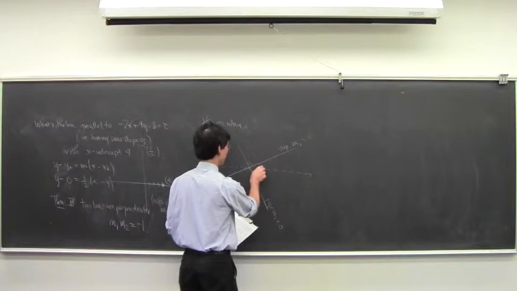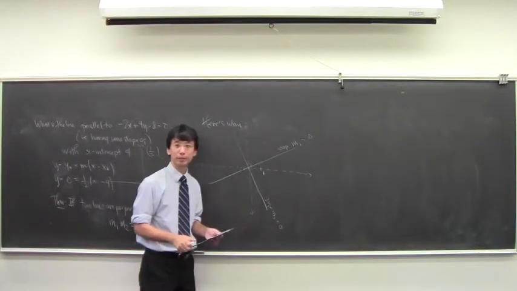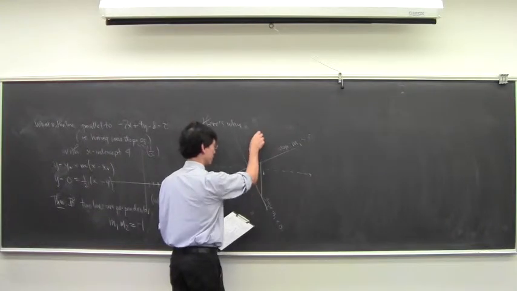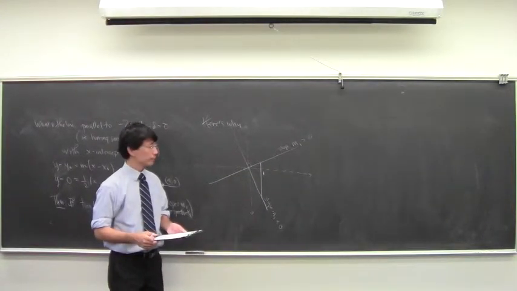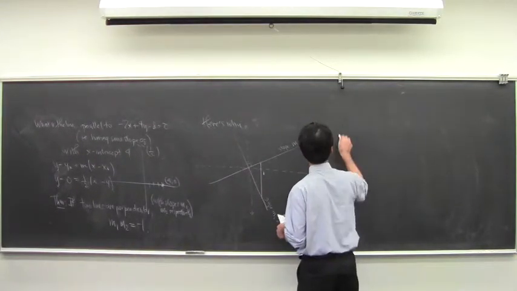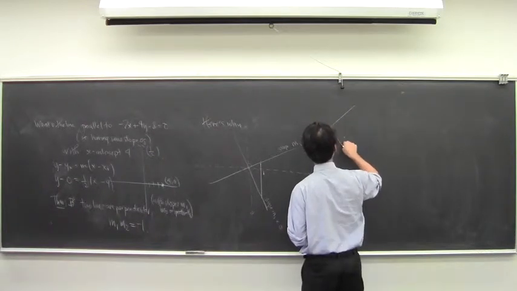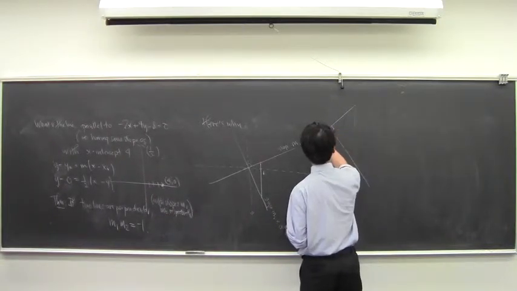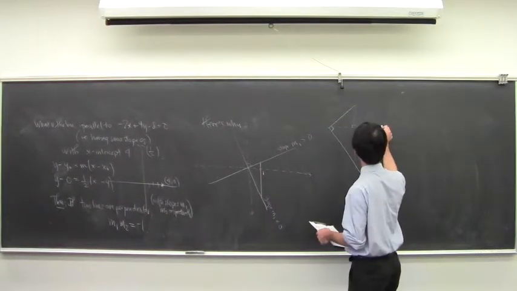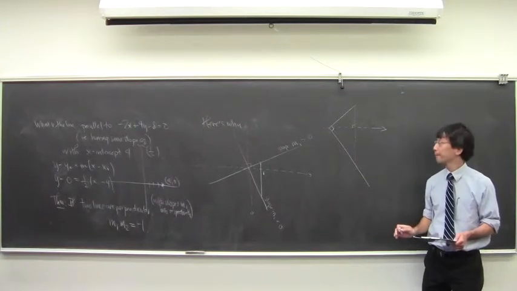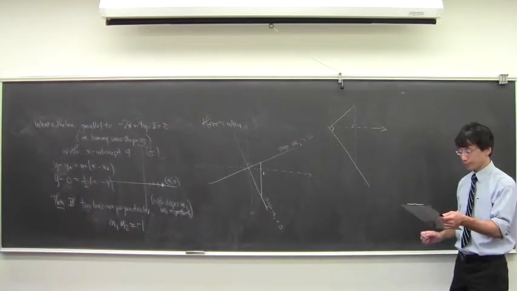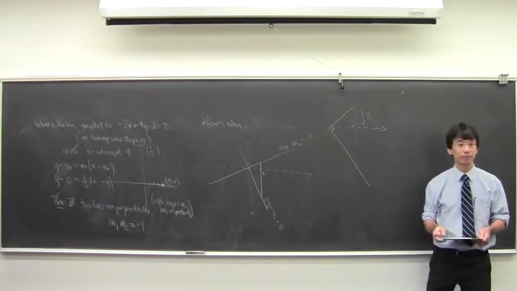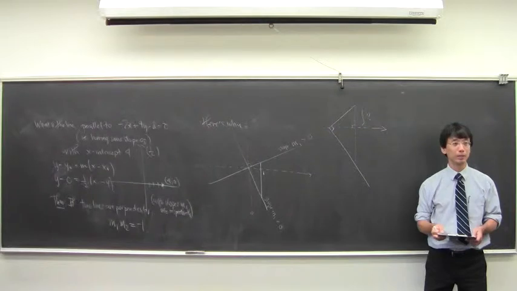I'm going to walk out to 1 unit away from the origin on the x-axis, and I'm going to drop a perpendicular from here to here, so that it crosses the x-axis at a right angle. Tell me, what is this length?